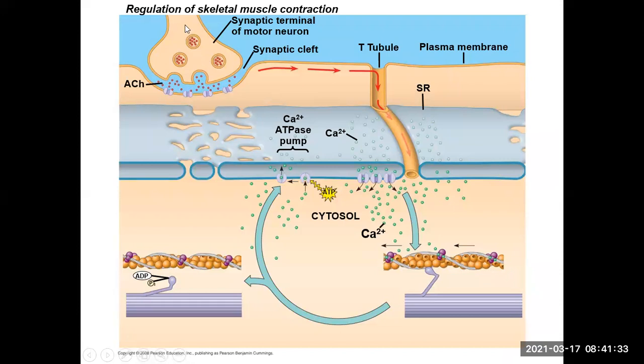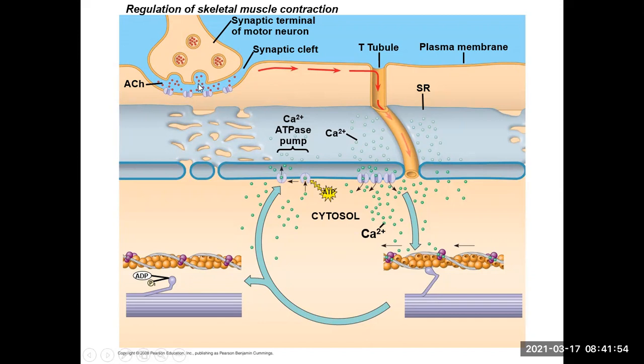Look here, this is the neuron synapsing with the muscle fiber, the muscle cell. Look what happens at the synapse. The specific neurotransmitter here is acetylcholine.